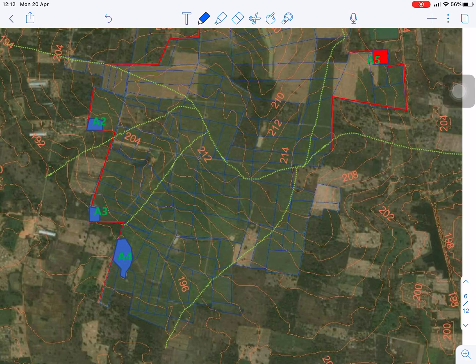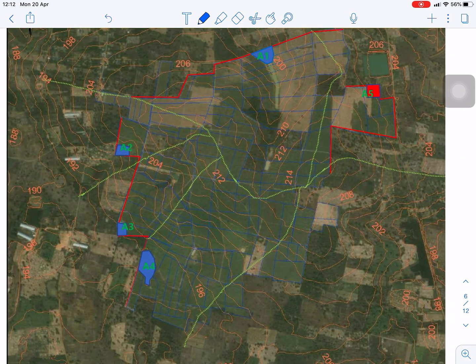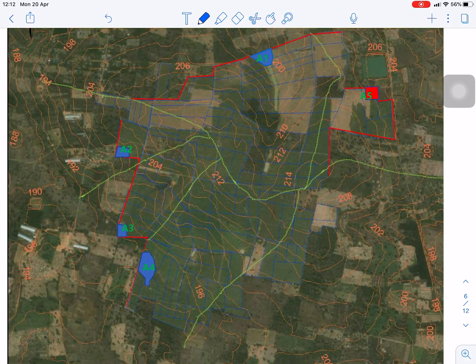In this case we divided the whole area into 5 subcatchments, and we located the ponds at A1, A2, A3, A4, and A5. That is the pond area. The pond location depends on the existing pond as well.